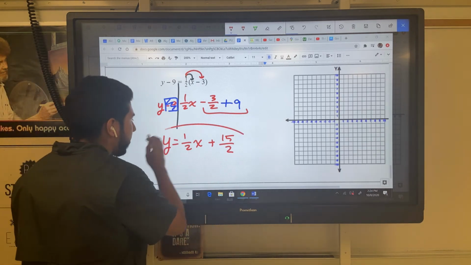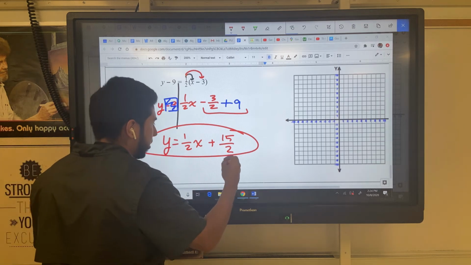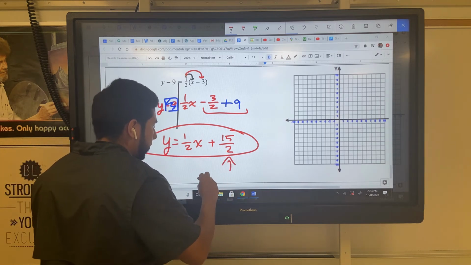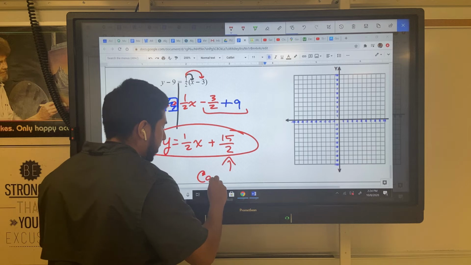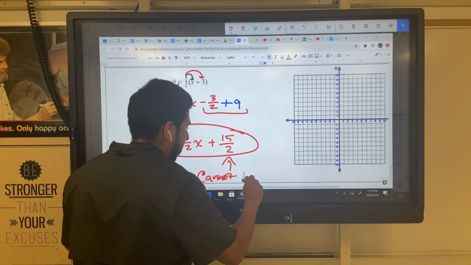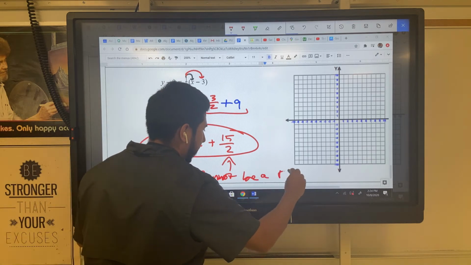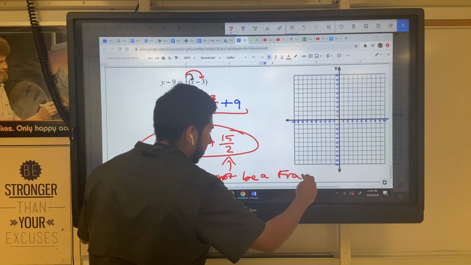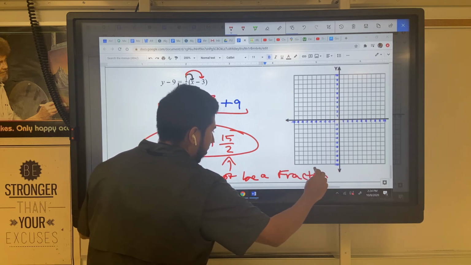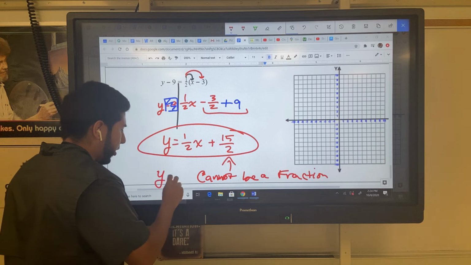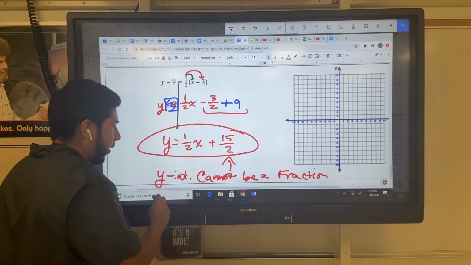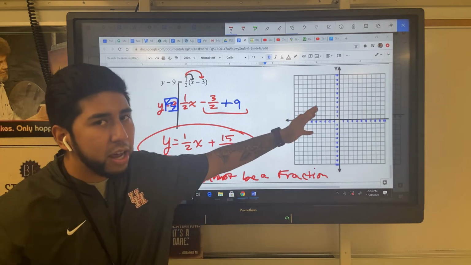So, make the note. This guy cannot be a fraction. Real quick, I'll even put y-intercept. Y-intercept cannot be a fraction because you can't graph that.